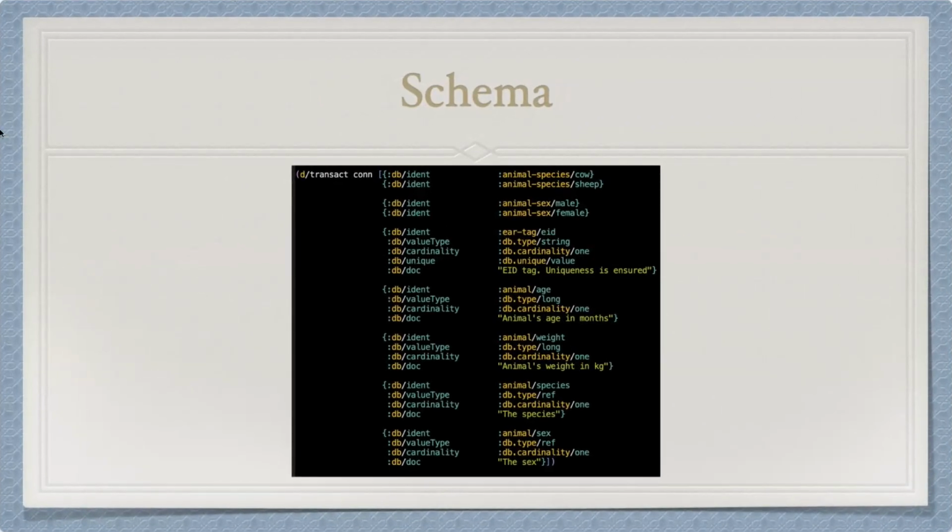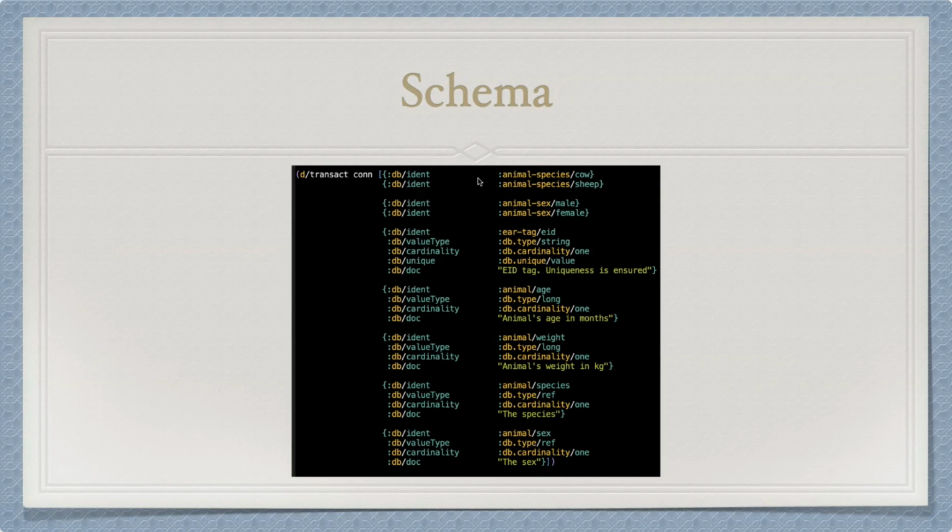Okay, so the next step, I will show you how you describe the database schema in Datomic. So another interesting feature is that there's no division into tables. So you can think about Datomic as a single table, and certain rows might have certain attributes, but at any time you can add or remove entries according to your needs.